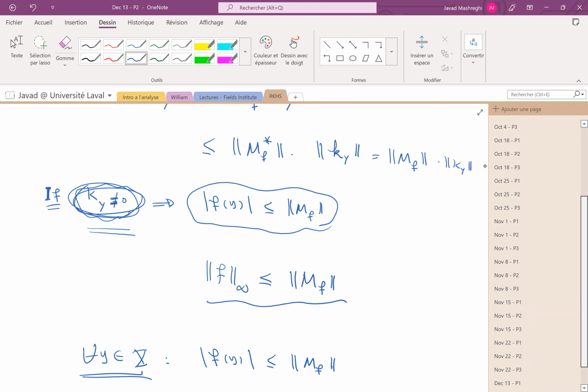That operator is not surjective because every function in the range is 0 at y. Therefore f(y) is in the spectrum of multiplication by f, and every element of the spectrum has absolute value less than or equal to the norm. So you don't need to go through the adjoint that way. That's true, very beautiful indeed.